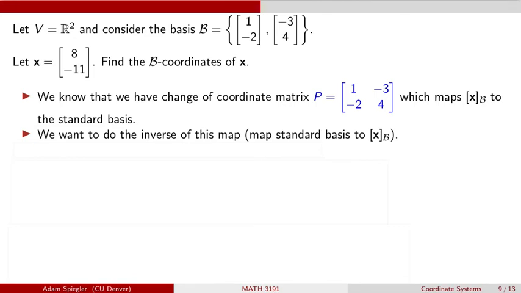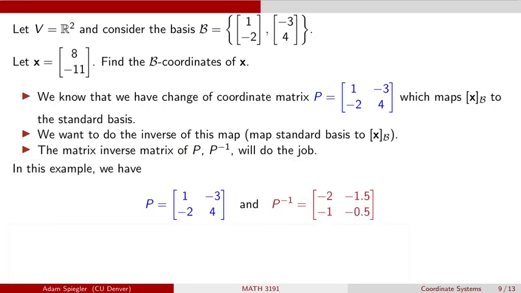We want to take coordinates in the standard basis and be able to write this same point in terms of coordinates relative to this other basis B. So we want to do the inverse of this process. That means we go ahead and find the inverse of the change of basis matrix. So we're going to find P inverse.